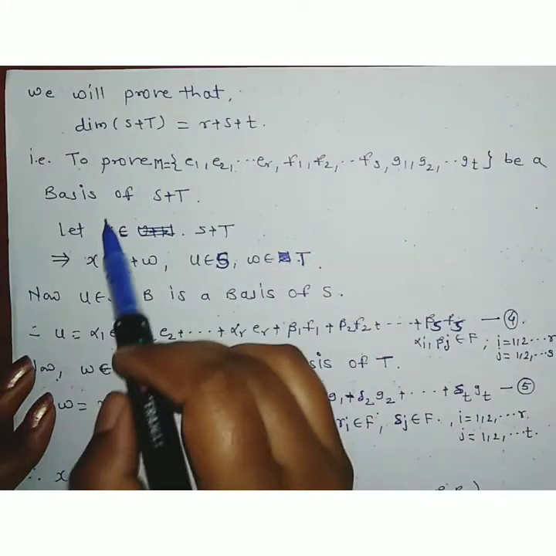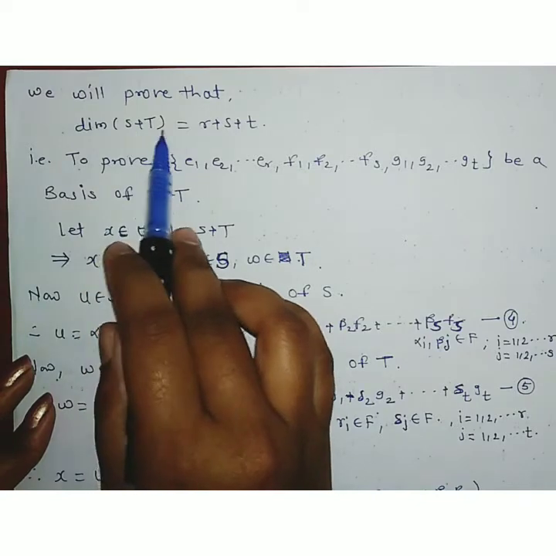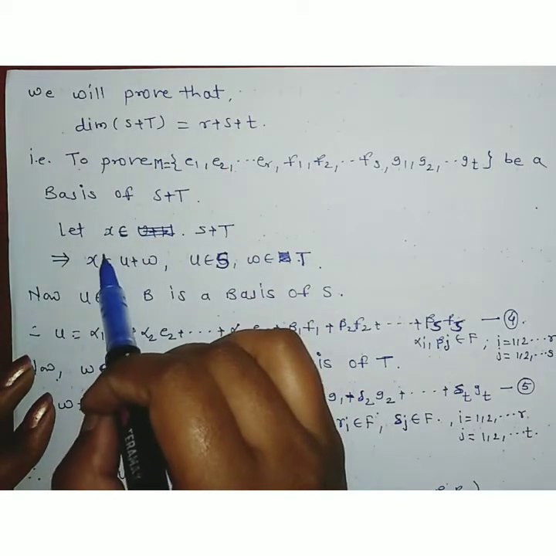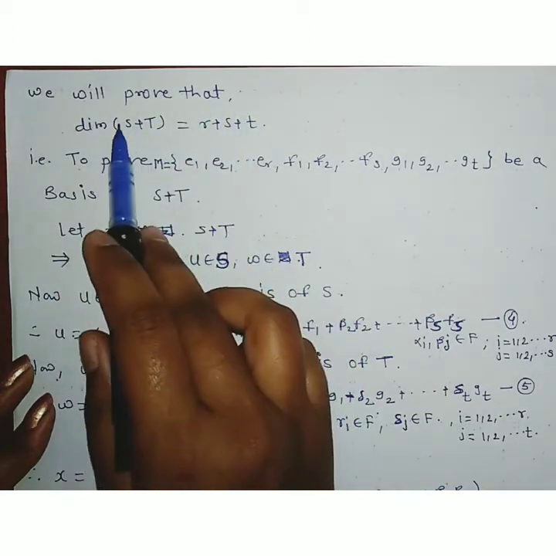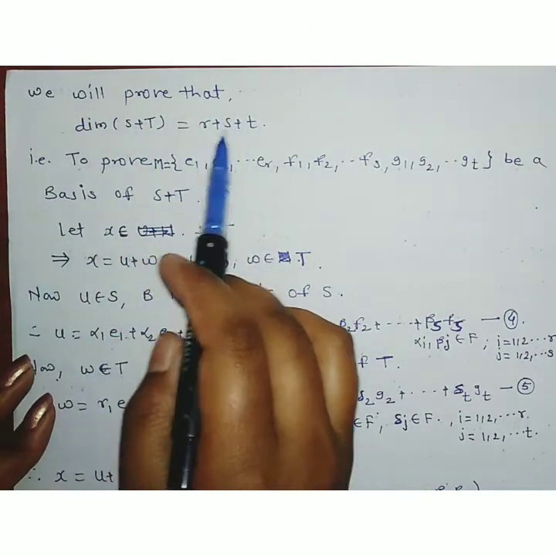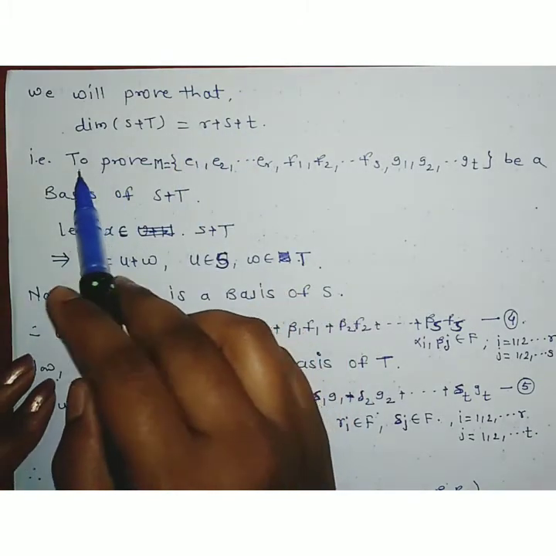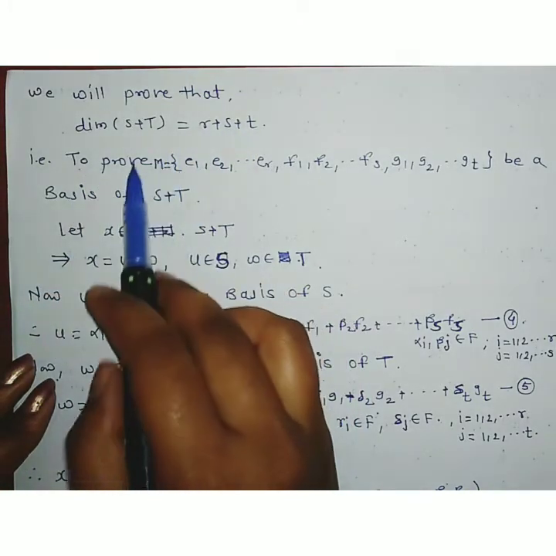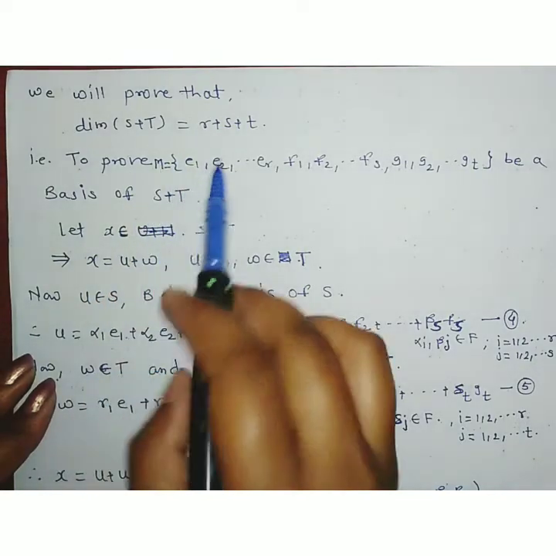To prove this, we have to show that the basis of S plus T must contain this number of elements, that is r plus s plus t. Consider the notation M equal to the set.